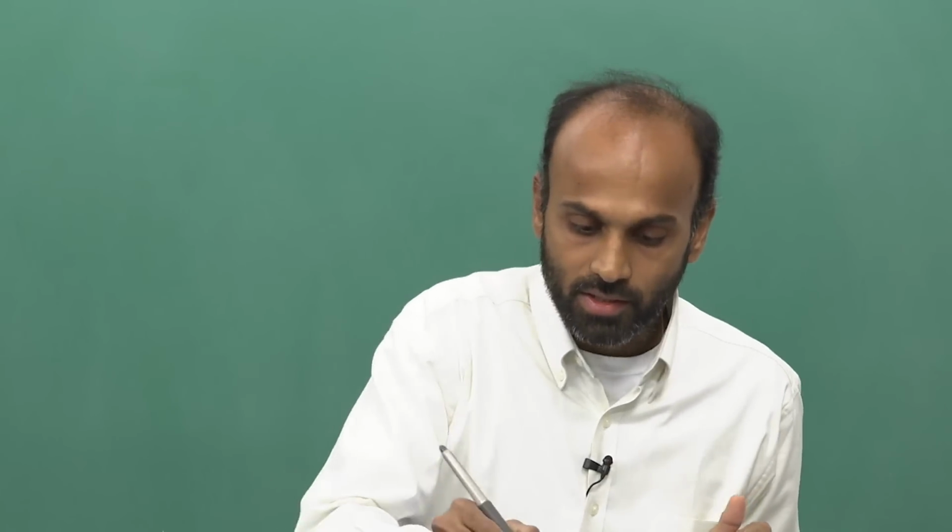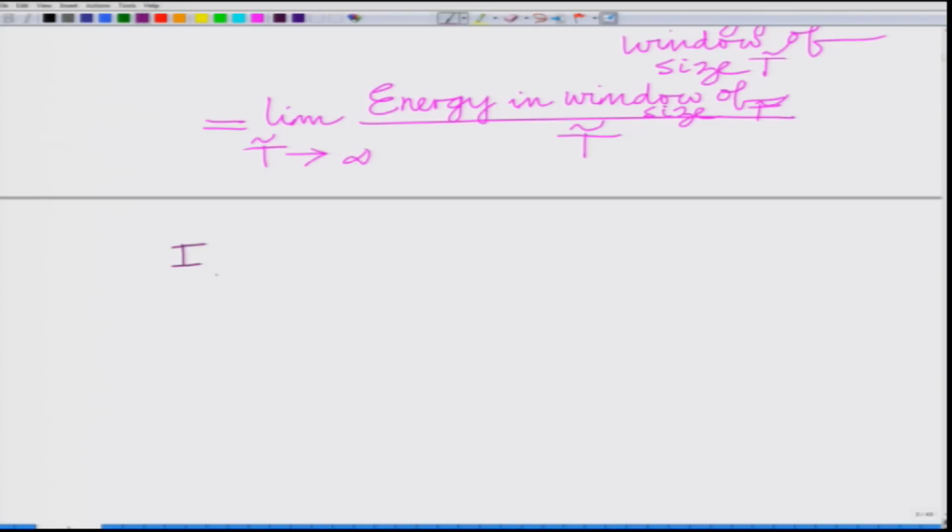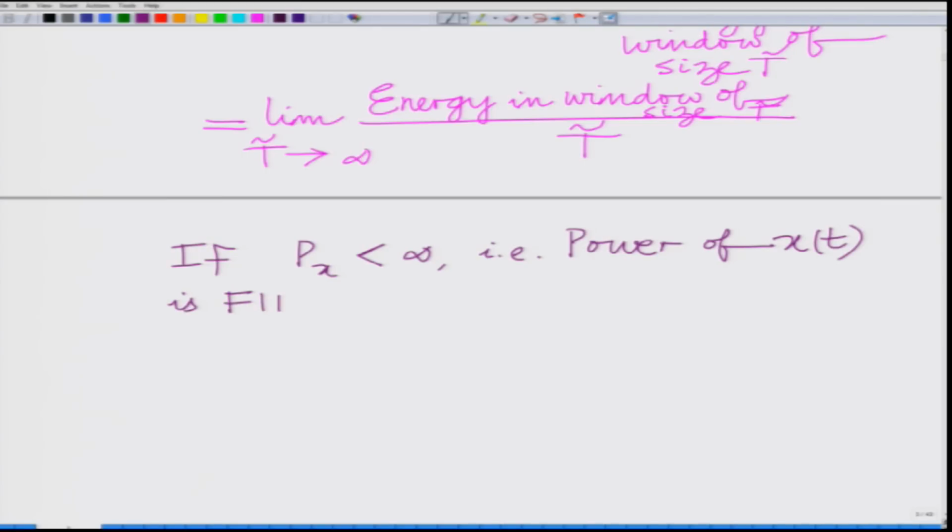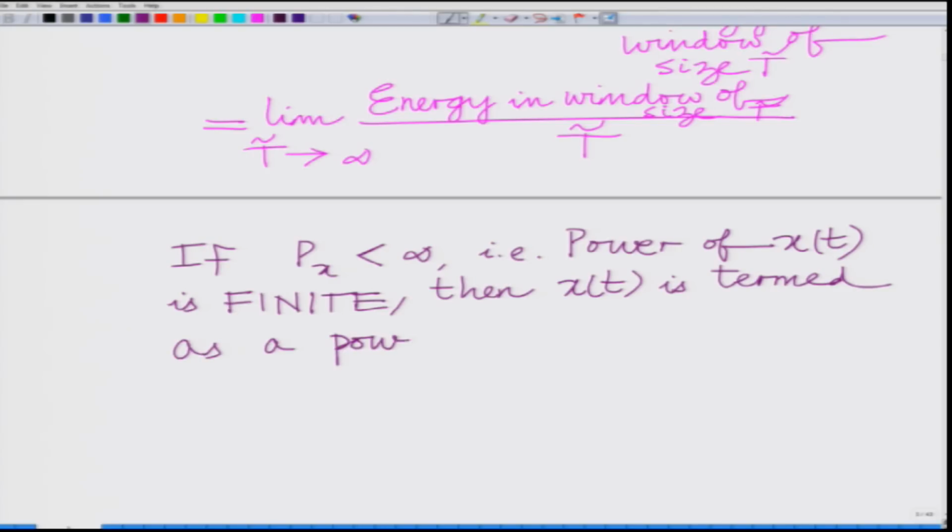Okay. Now, similar to the energy signal, we have defined the power, and if Px is less than infinity, that is, the power of x(t) is finite, then x(t) is termed as a power signal.